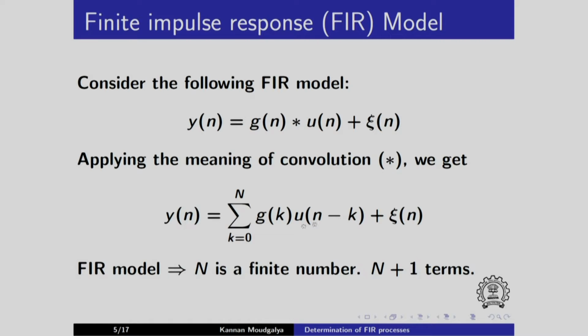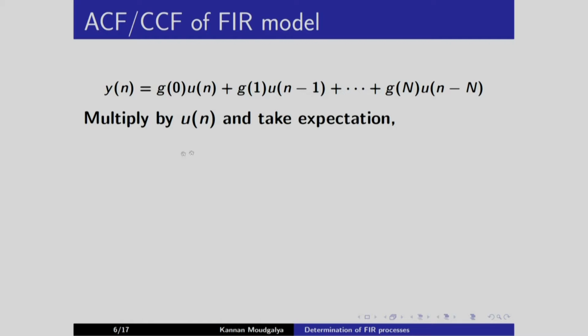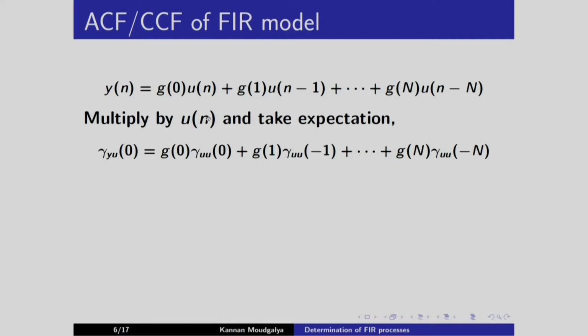This is the expression I had. Let me expand the summation. There should be n plus 1 terms, and these are the n plus 1 terms starting from 0 going all the way up to capital N. Now let us multiply by u of n and take expectation. The difference between these two indices is 0, so we get gamma uu of 0, and you get this.